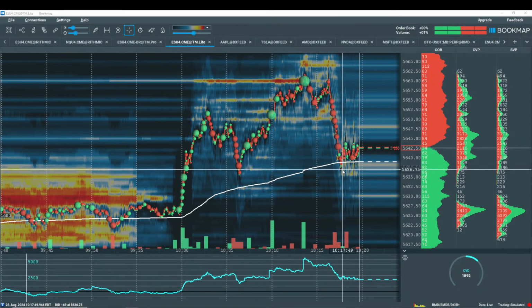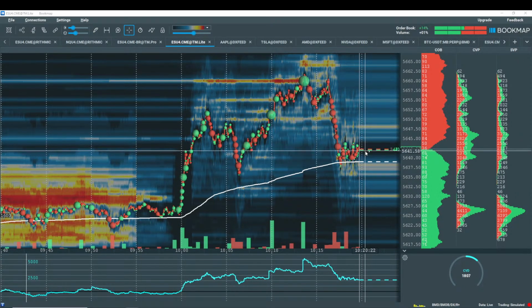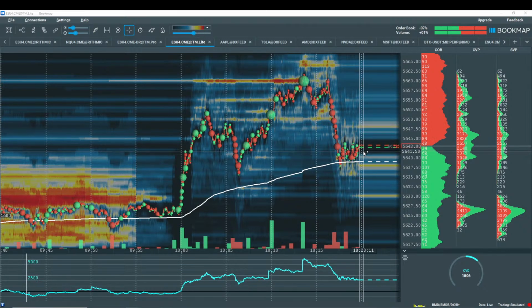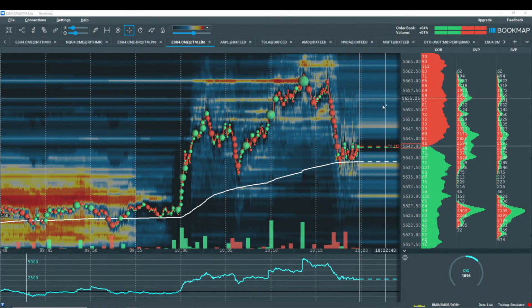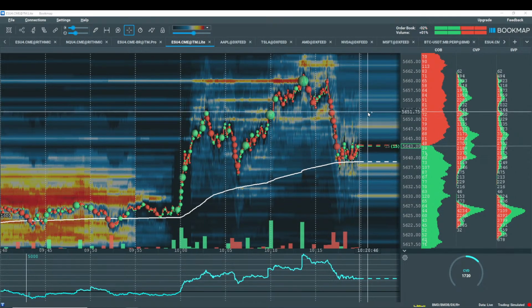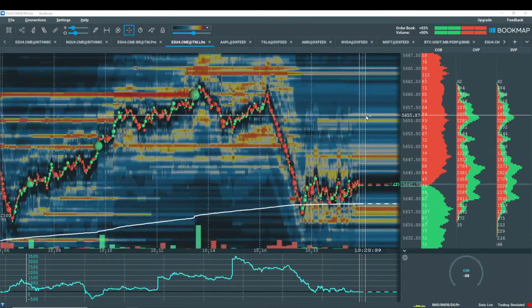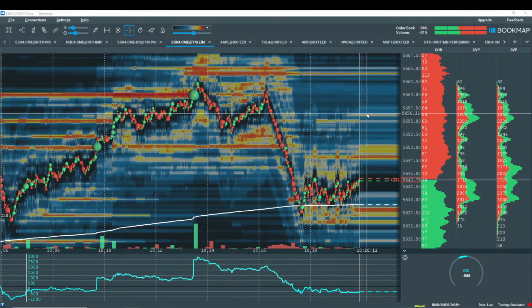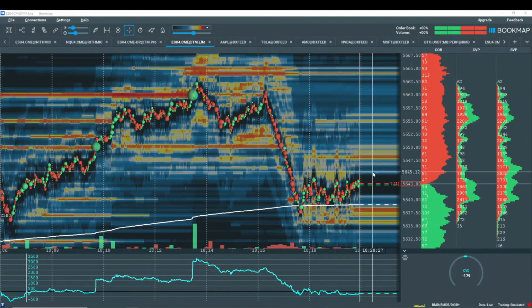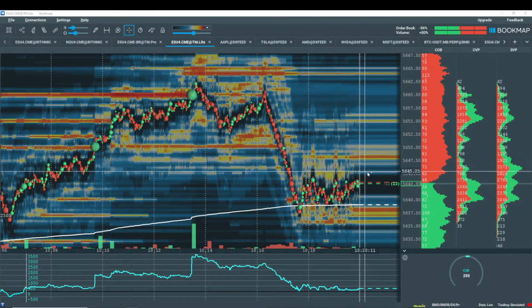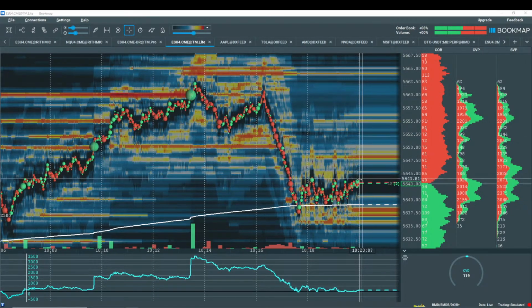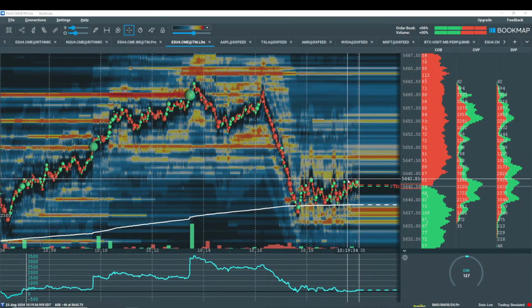Then we were looking for, okay, well, we can get back in, and we're looking for a pullback though. We saw strong buying come back in, and we missed it because we didn't get a pullback.